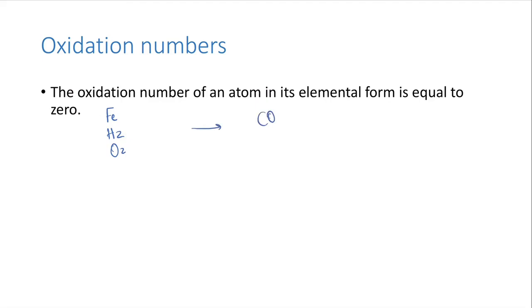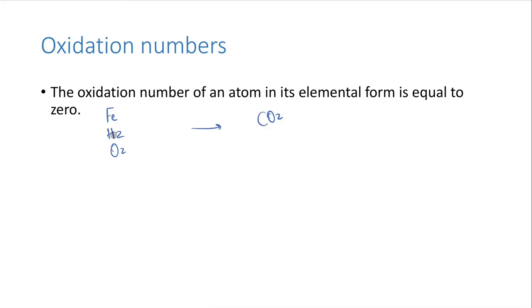But if I have CO2, the oxidation number of carbon is not equal to 0, and the oxidation number of oxygen in CO2 is not equal to 0. We need to have the same element, like hydrogen with hydrogen.